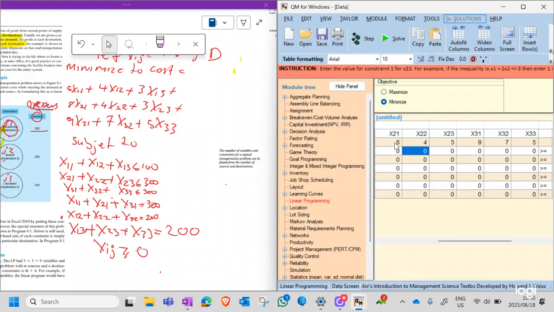Okay, then here you have, you go across x11, you have 1 1 1, right?